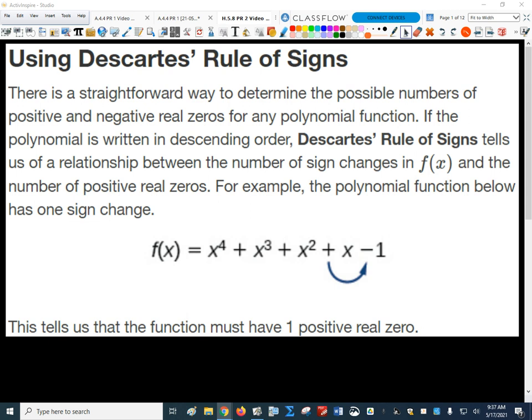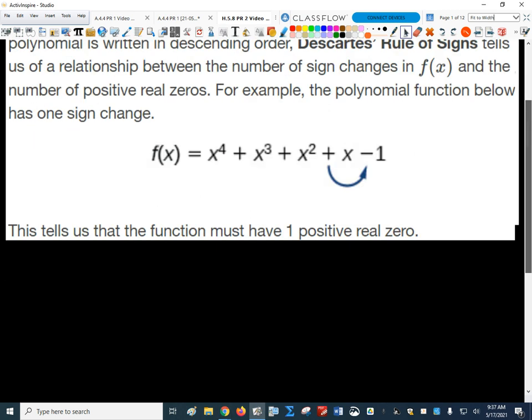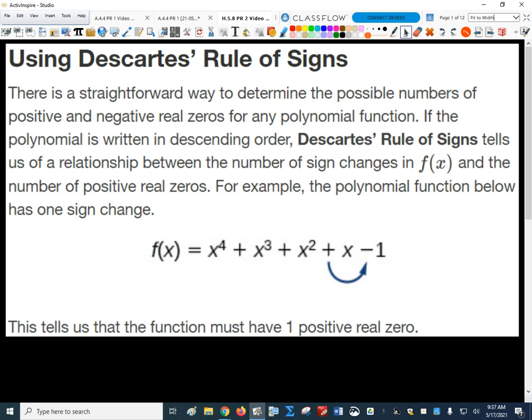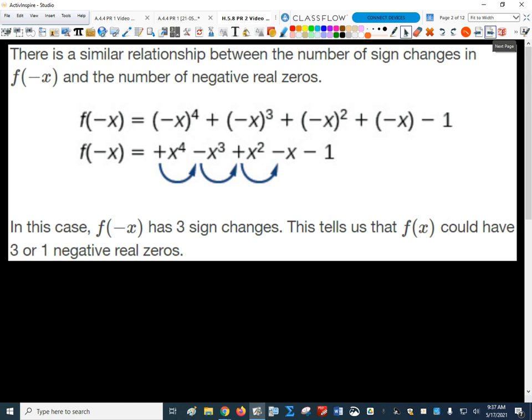Okay, the other part of this is we want to know the number of possible negative real zeros. And what you do there is we're going to calculate f of negative x, right? So we had our original function. Now we're going to calculate f of negative x by evaluating f of x at negative x. Well, think what that does.